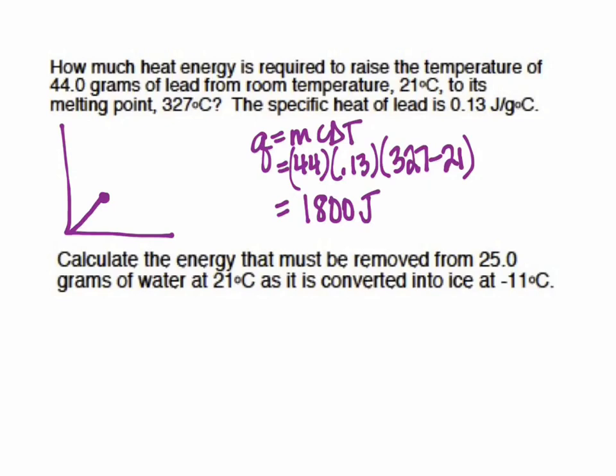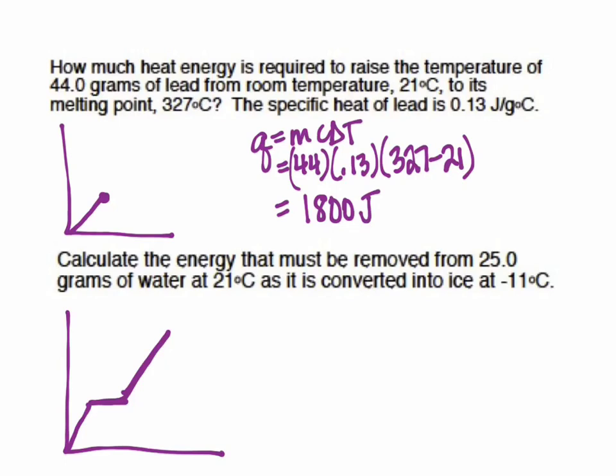Now it says calculate the energy that must be removed from 25 grams of water at 21 degrees Celsius to convert it into ice at negative 11 degrees Celsius. So we are starting with liquid water, then we have our heat of fusion, and then we have our solid, our ice.